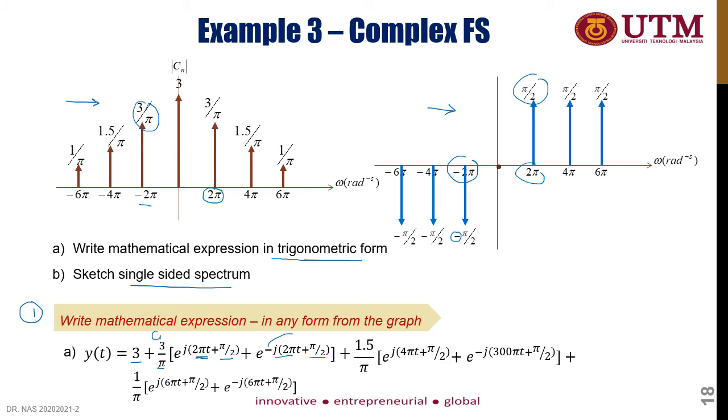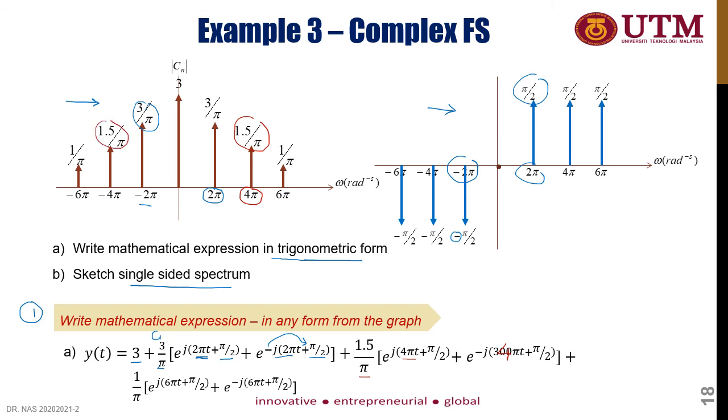Make sure the multiplication produces negative pi over 2. Move on to omega equal to 4 pi. Now the magnitude is 1.5 over pi, for positive frequency 4 pi and negative frequency 4 pi, the same magnitude.